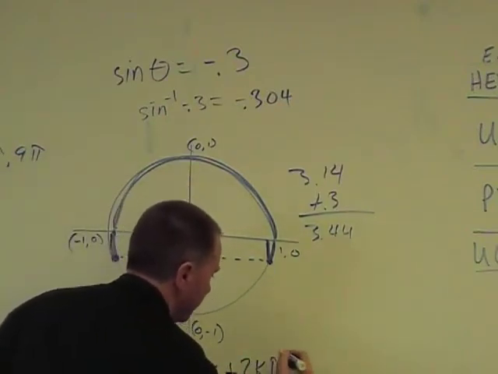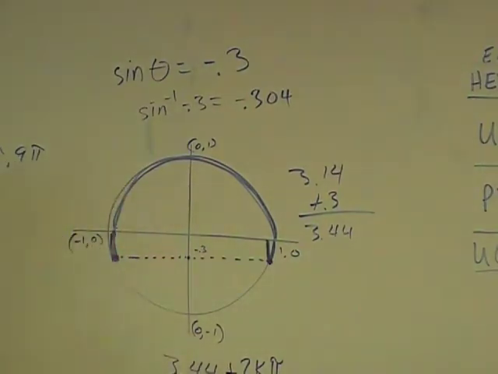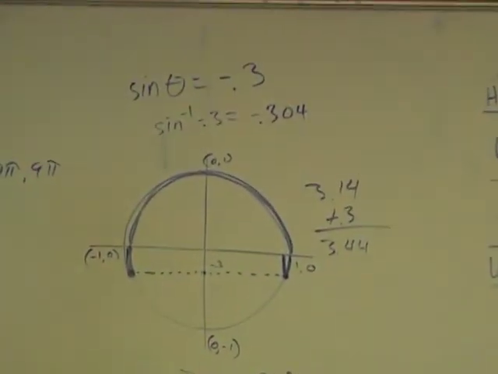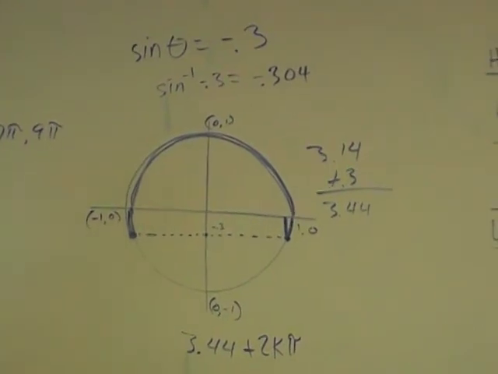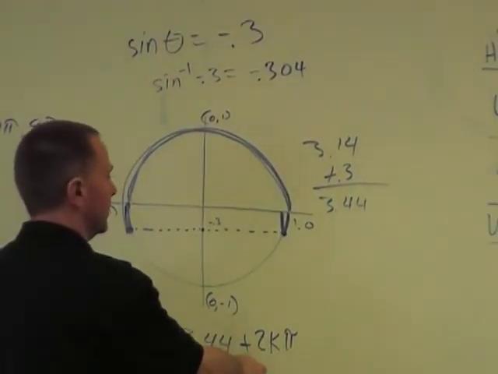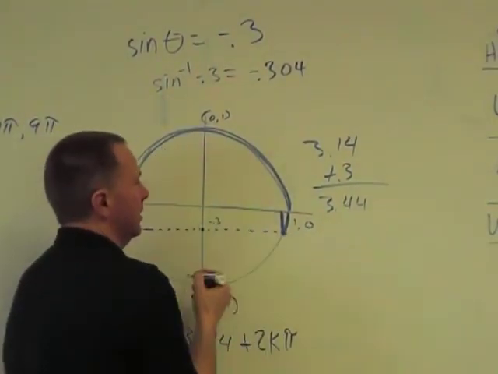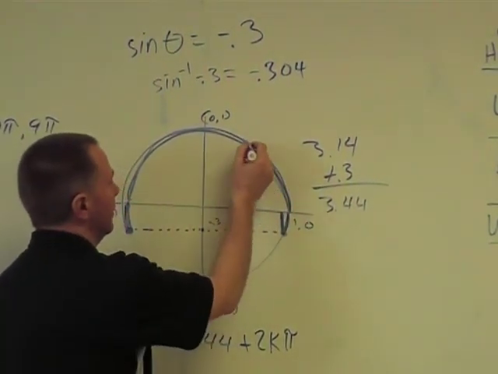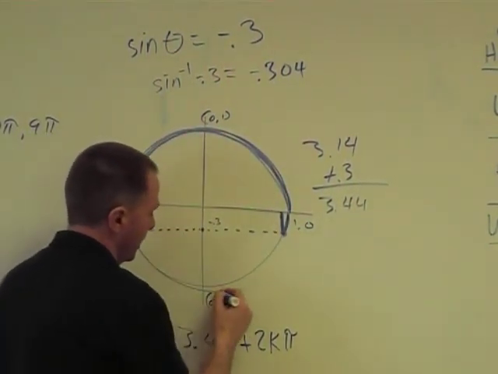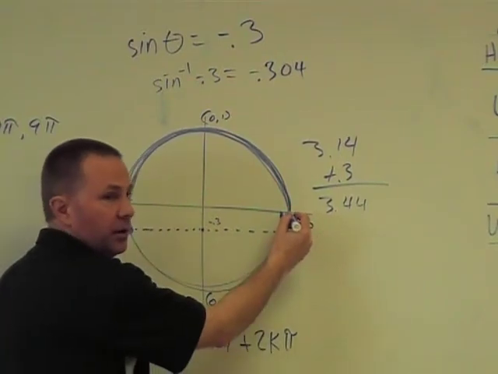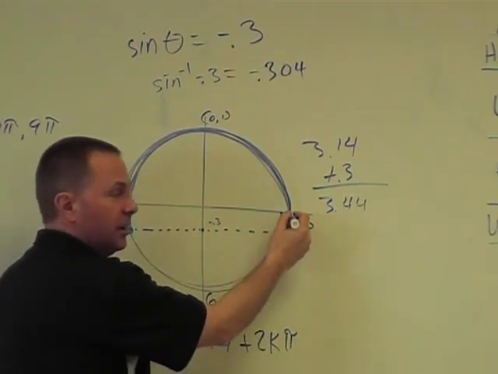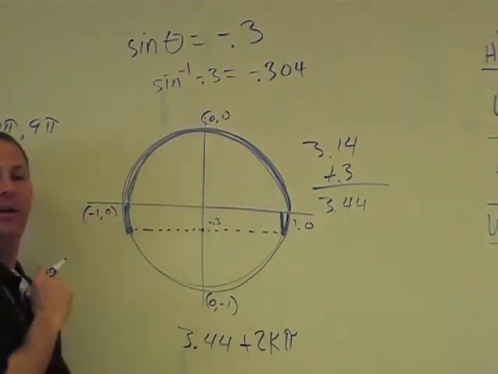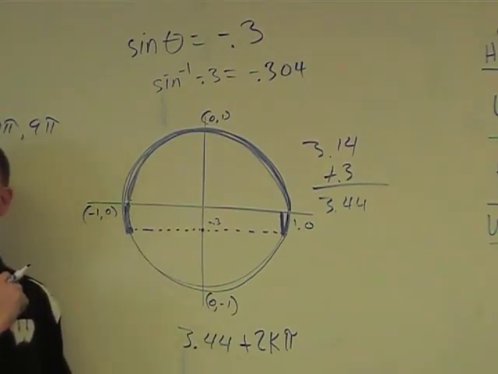Plus 2k pi. Once you start thinking like that, putting the 2k pi on it because it's going to say how many times you're going around. We'll address this here in a second. How do I get to here? Well, if I'm talking positive, I gotta go all the way around. All the way around is how far? 2 pi, which is what as a number? 6.28.